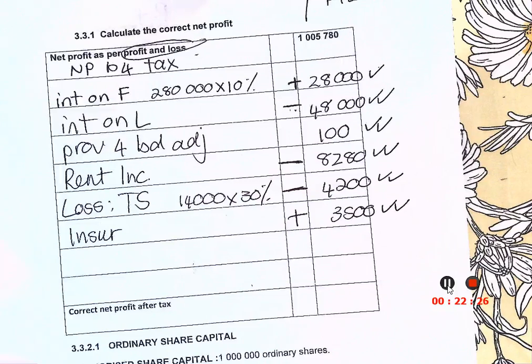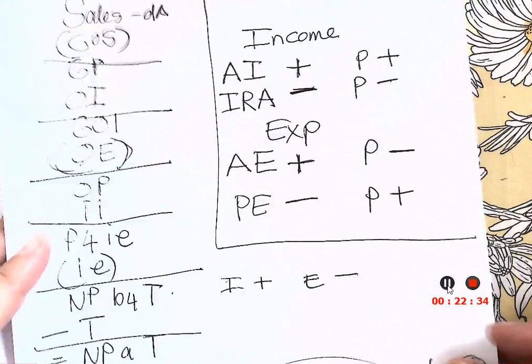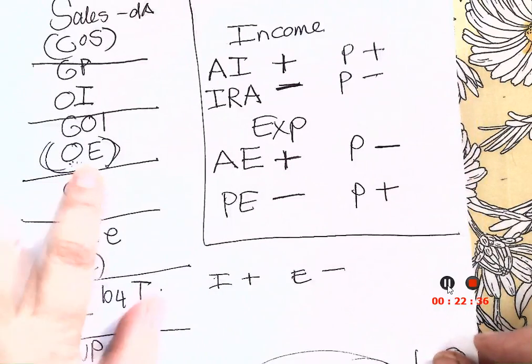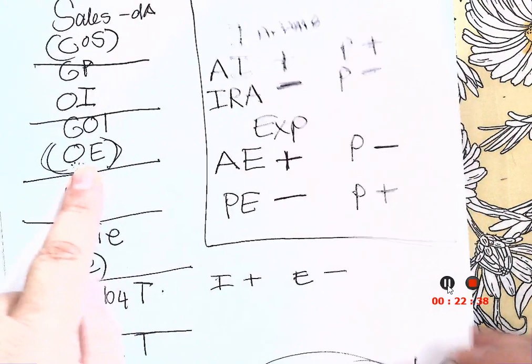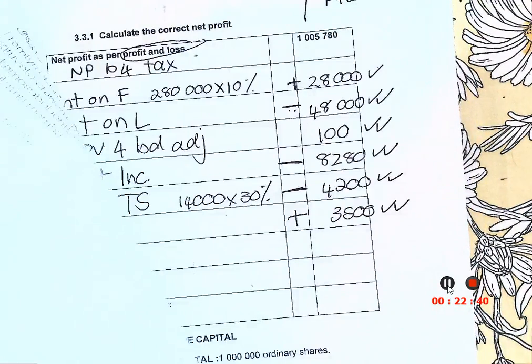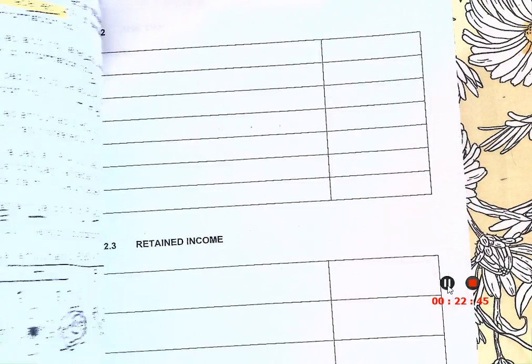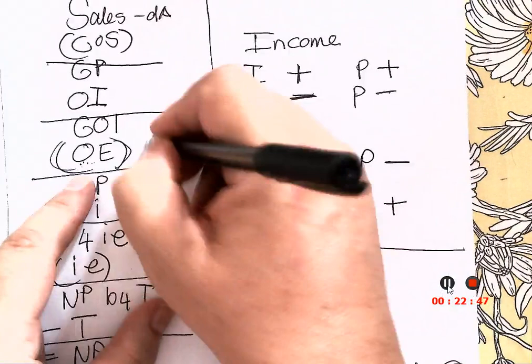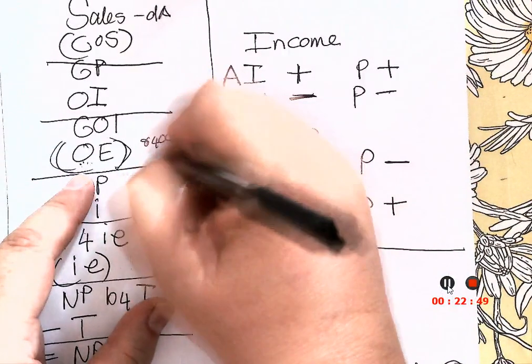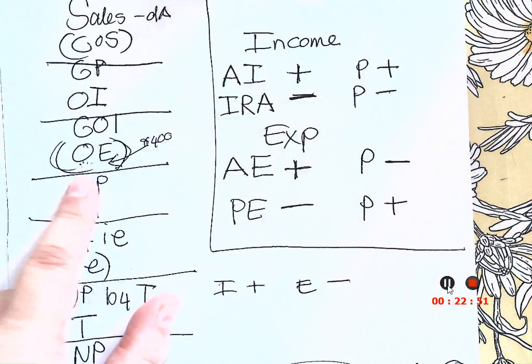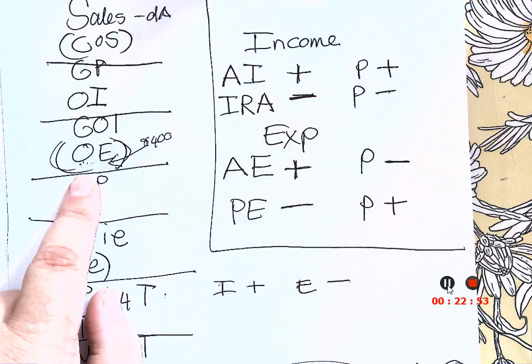Okay, so I'm explaining this again. Please listen. And this is what makes this thing a higher order. Because you need to remember that in that expense, they already included the full insurance of 8,400. 8,400 is part of that operating expense.